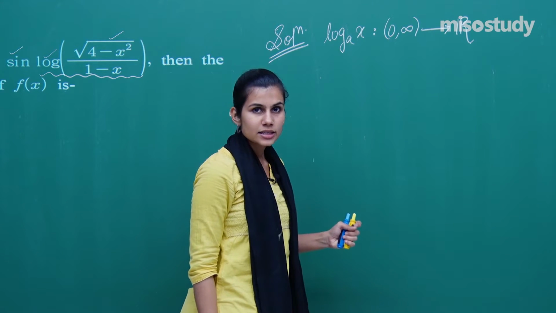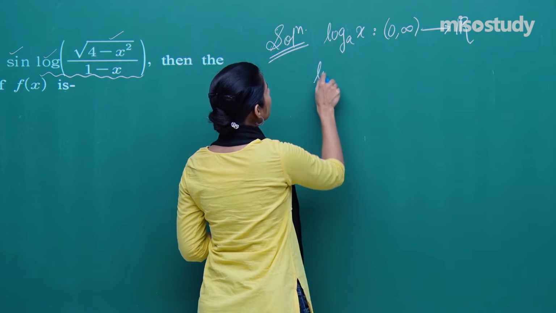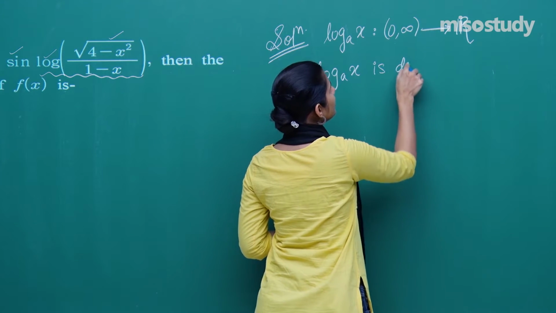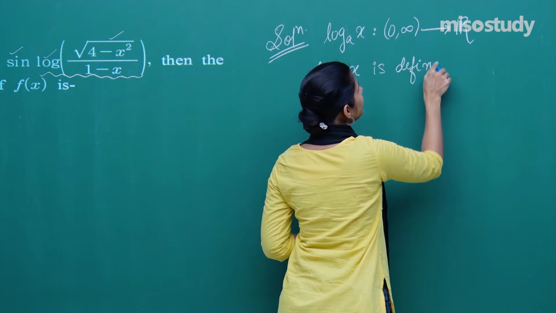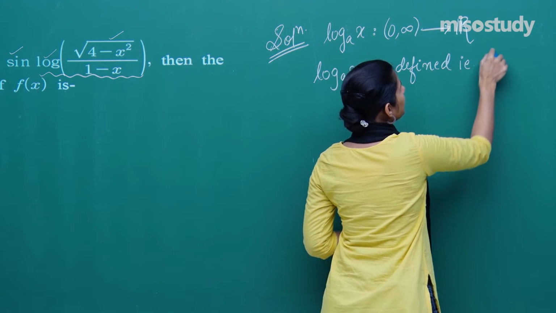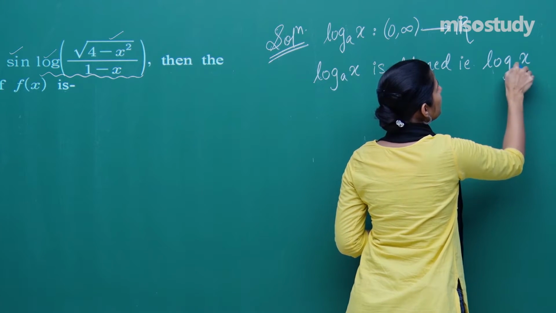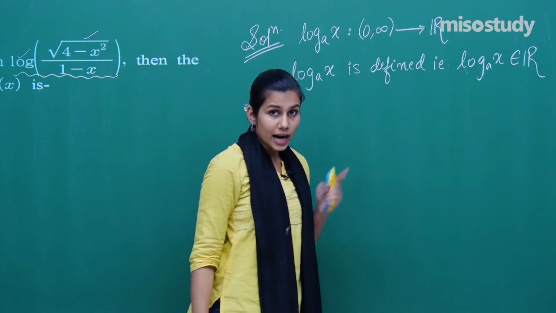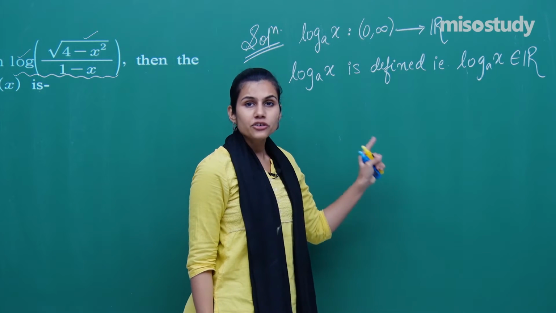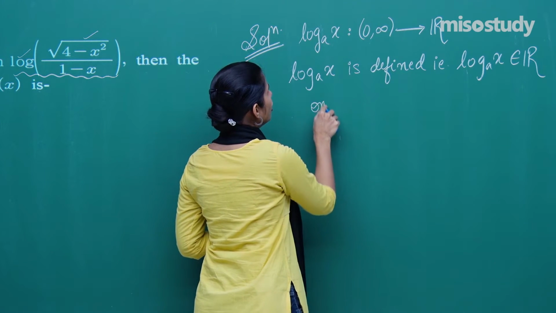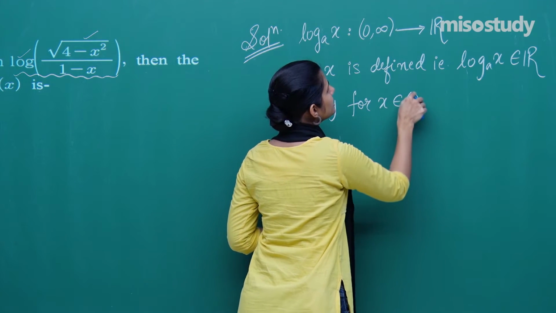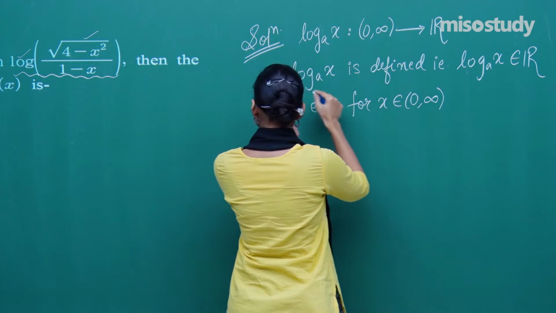Always this happens. That means log x to the base a is defined. By defined I mean that log x to the base a belongs to R. That means it is not an undefined term but a defined real value only for x coming from (0, infinity).